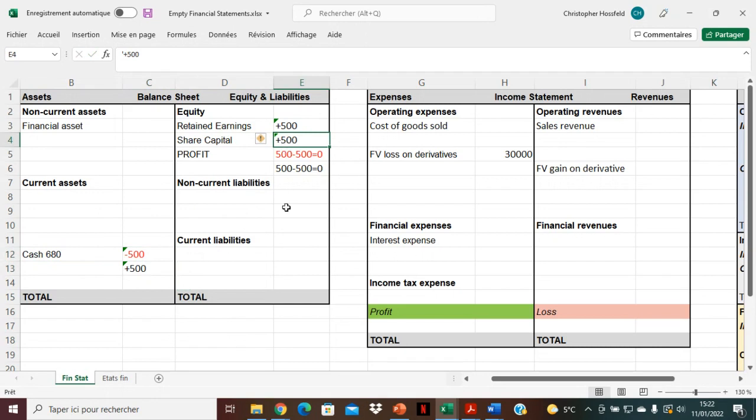So instead of paying dividends and then issuing new shares with all the cost and work that this implies, I do the shortcut and I simply retain part of those profits. That means I do not pay out and get back the money. I'm simply not paying anything, so I have the same impact. And I reclassify the profit in retained earnings and therefore also have the same impact. That means an increase of equity of 500.